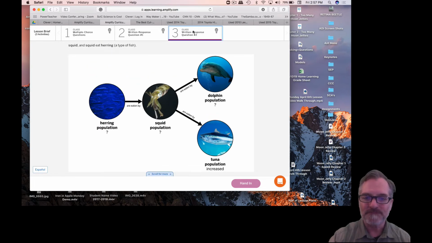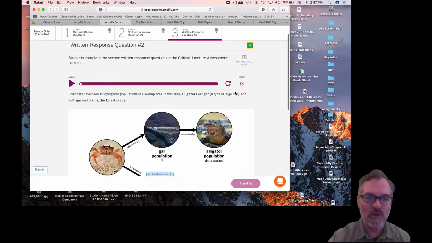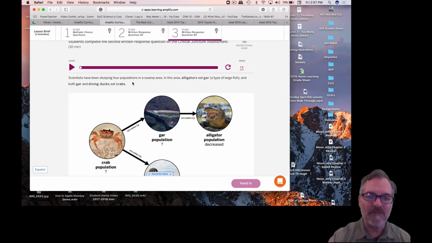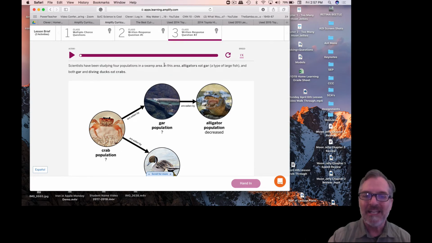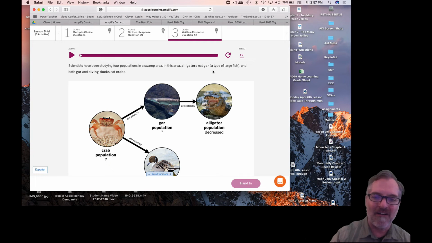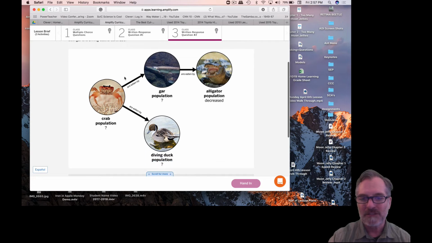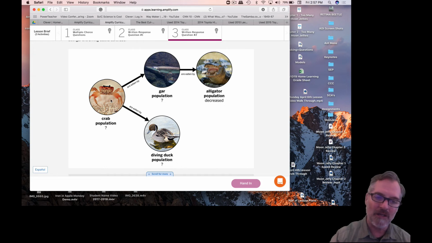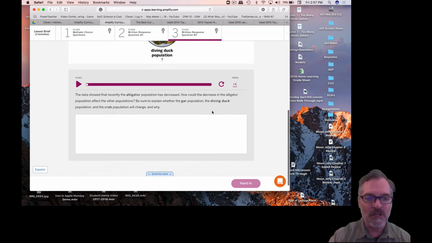And then last, our second one is going to be, scientists have been studying 4 populations in a swamp area. In this area, alligators eat gar, a type of large fish, and both gar and diving ducks eat crab. So we can see here alligator eating gar, gar eating crab, or the duck eating the crab. And again, the arrow is indicating the flow of energy at each trophic level. The data shows that recently the alligator population has decreased.